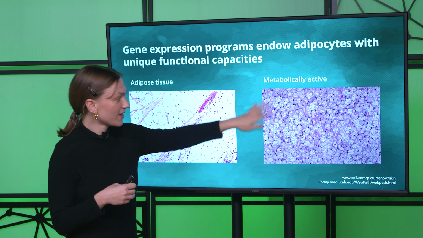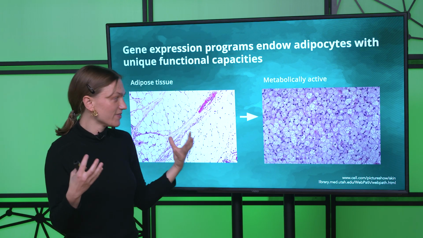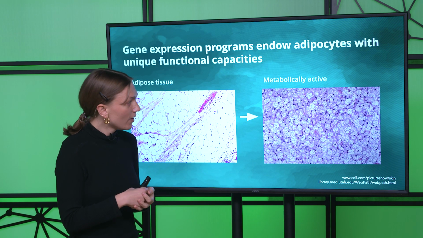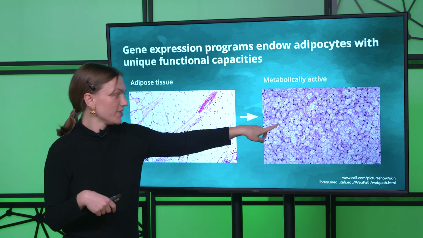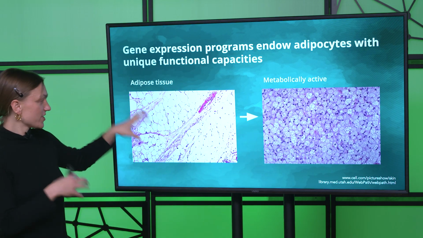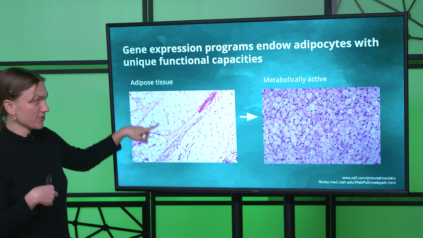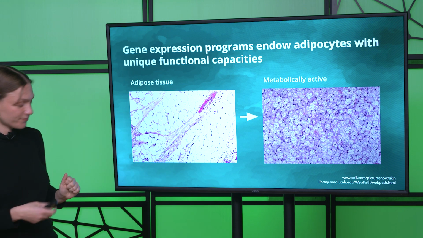And so the kind of pink tint that you see here is actually coming from the density of these mitochondria. And they also have much smaller lipid droplets, which are the white blobs, as opposed to just the very large version of those droplets that you see in the classic adipose tissue.